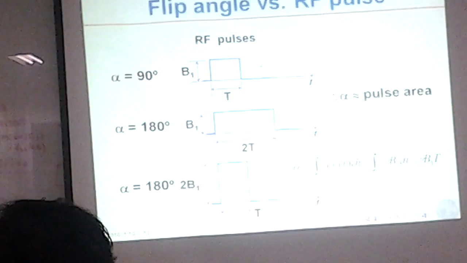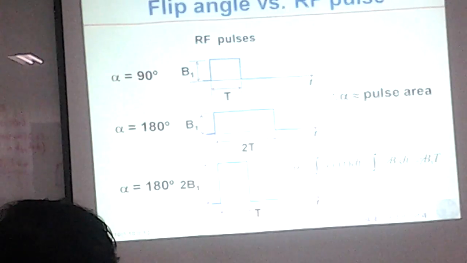This slide shows the various RF pulses which determine the flip angle. If we assume that this pulse is a 90 degree RF pulse, then the 180 RF pulse can be made by extending the pulse width by two times.